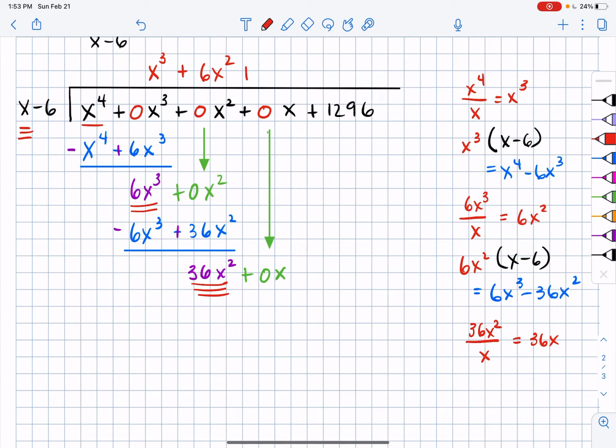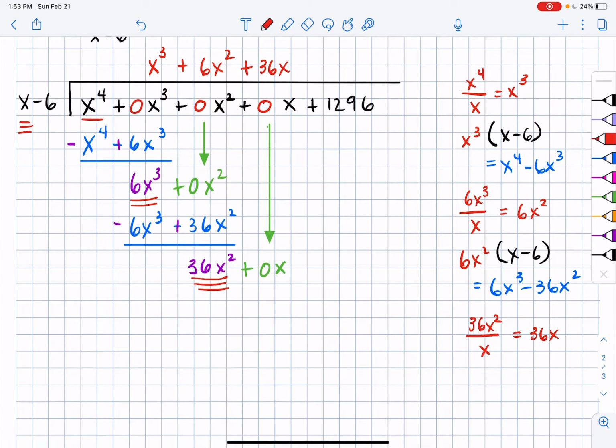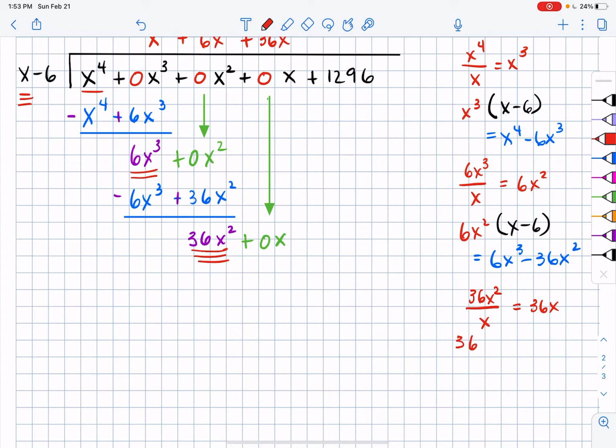So plus 36x. Now I have to multiply. 36x times x minus 6 is going to give me a really big number. It's going to equal 36x squared minus 216x.